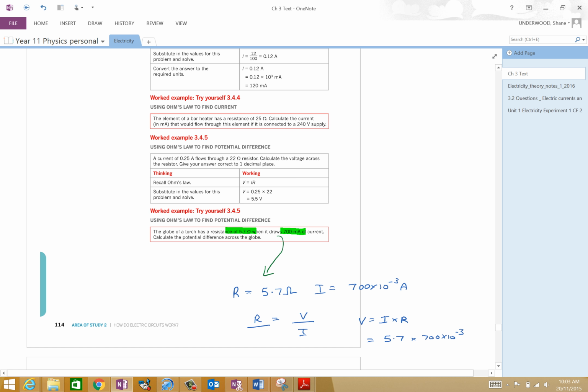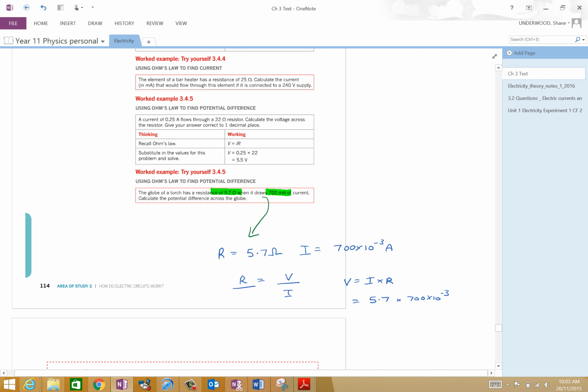I'll try to work that out in my head. 700 times 5 is what? 3,500. 0.7 times 700 though is 490. 490 plus 3,500 is 3,990 times, though, 10 to the power of minus 3.